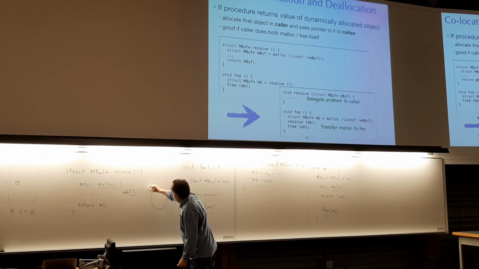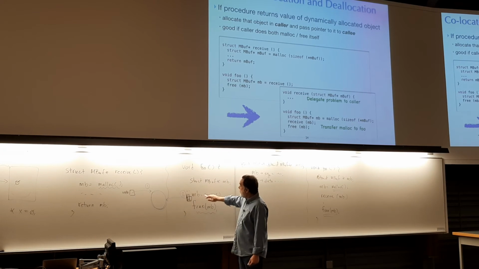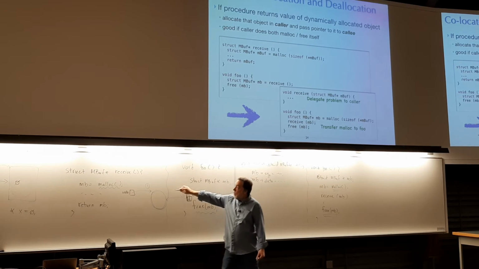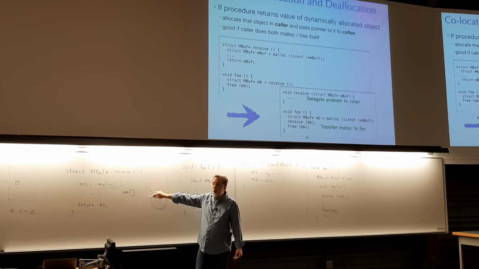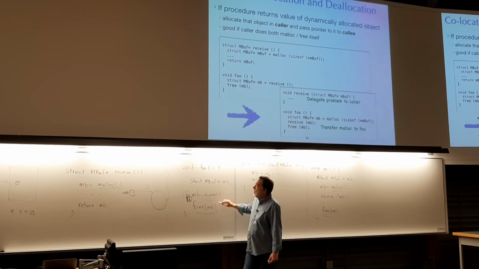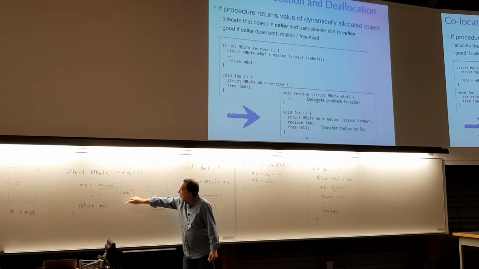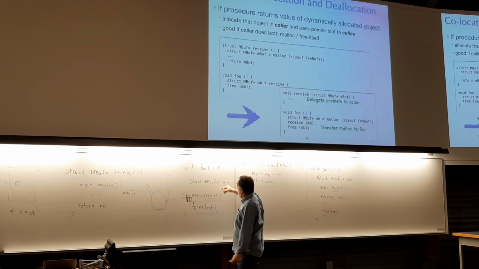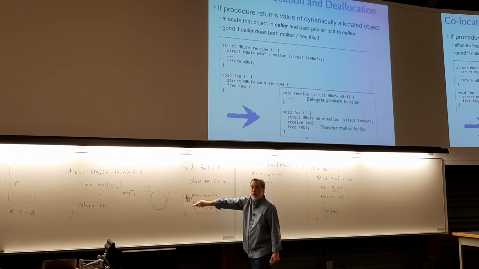Right, so this is step 1, and that's step 2. Now at this point, that variable's gone away. When this procedure is returned, there's only one reference left, and it's this one here, and then I'll save it. Right, so what happens here is you allocate the object here, you return the pointer here, and then you use it here, and then you free it.